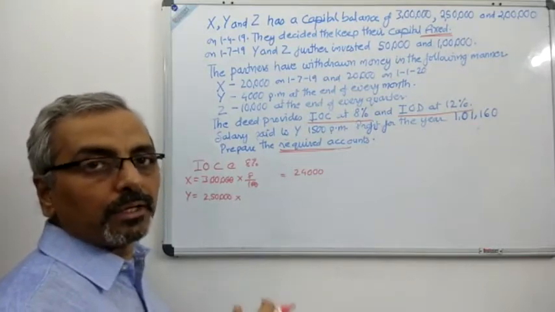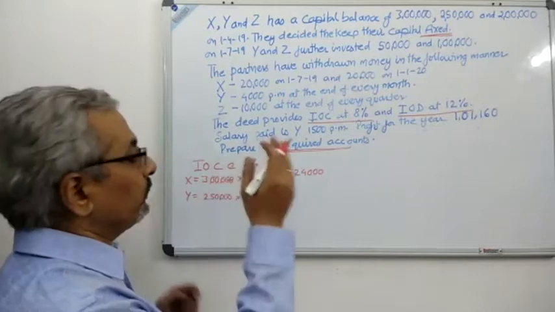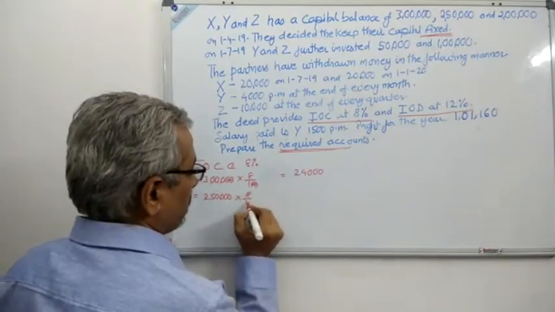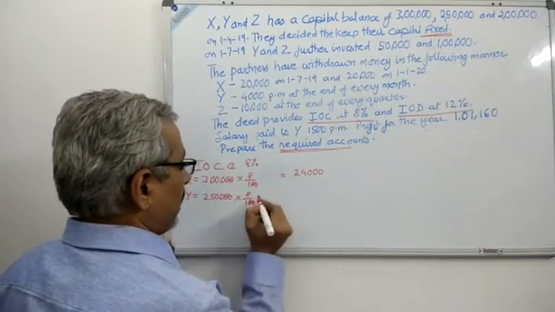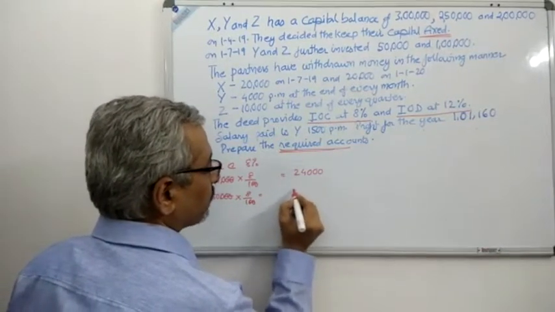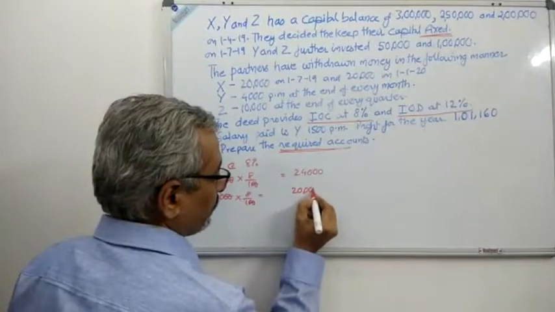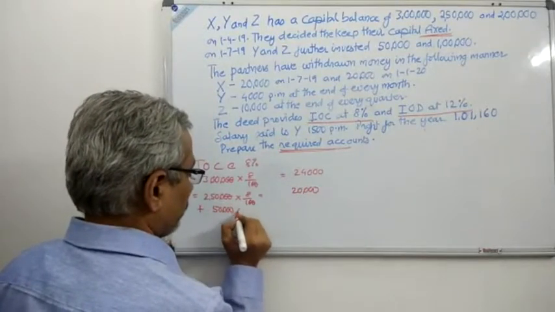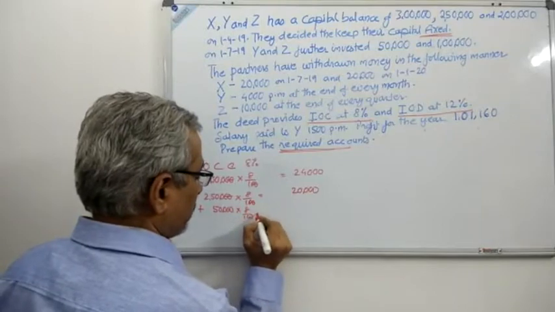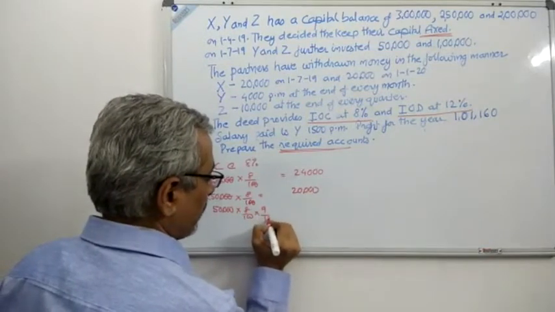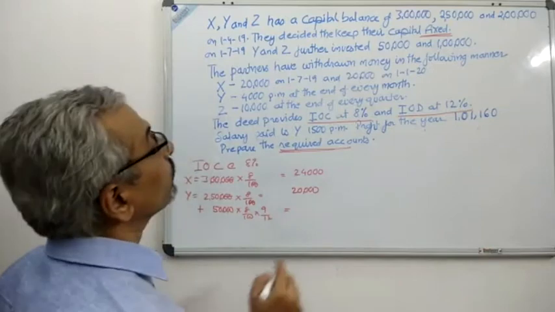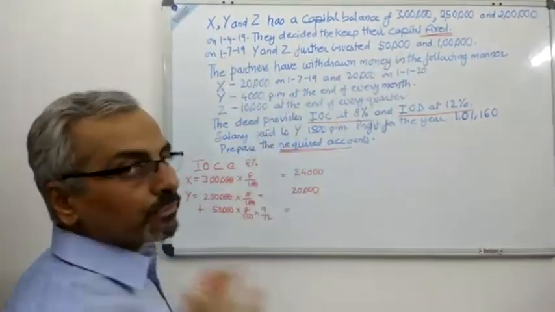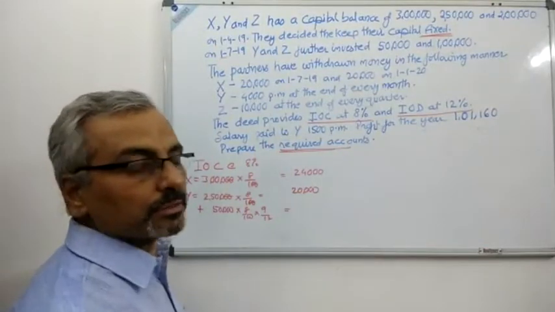Let us see what we will do. We will calculate in the first method, where we will have 2,50,000 for the full year at 8%. If you calculate that, you are getting 20,000 plus 50,000 into 8 by 100 into 9 by 12. I hope it's very clear to you. 50,000 for the capital on 1st of July, so 1st of July to 31st of March is 9 months.